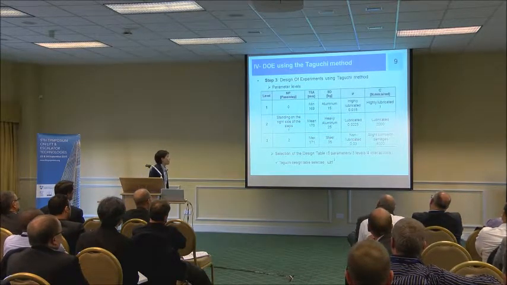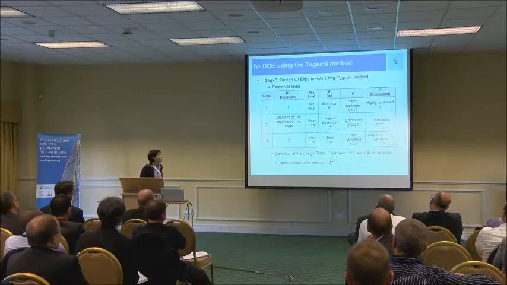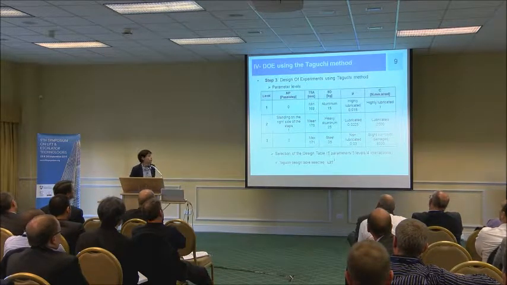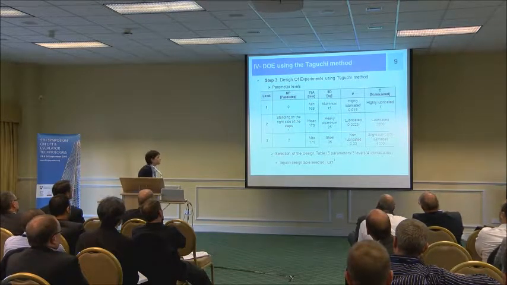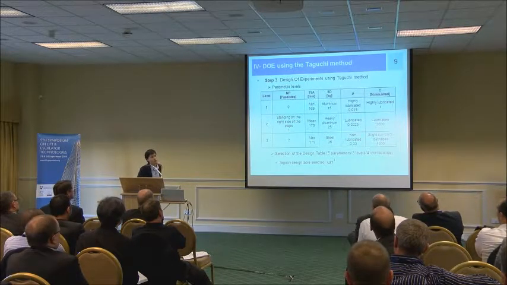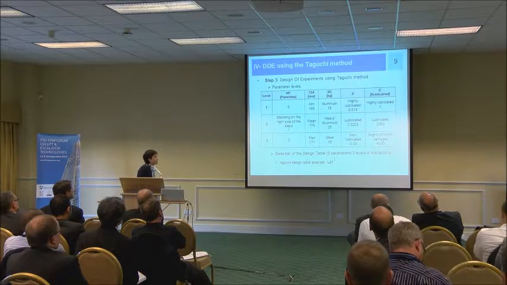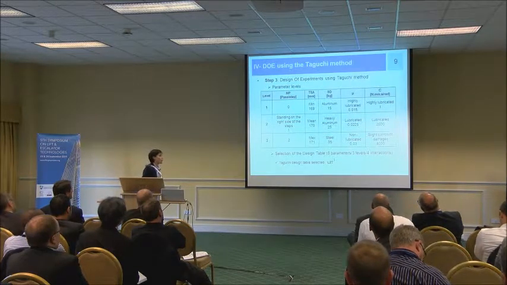So we used the Taguchi methods to build our design table. The Taguchi table we selected allowed the study of 5 parameters on 3 levels for the linearity, and also allowed the study of 4 interactions.